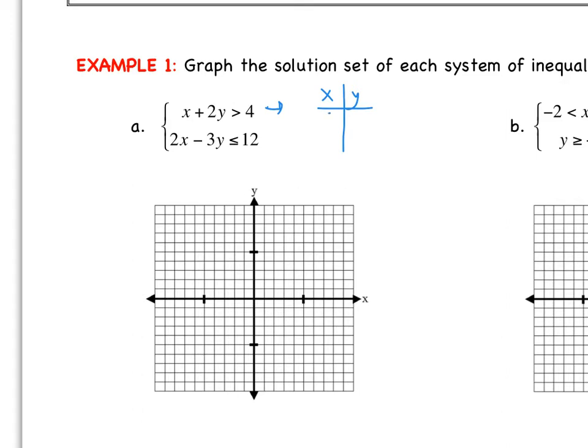So when x is 0, we get y to be 2. And when y is 0, we get x to be 4. All right, so one thing we need to remember is the dashed or solid boundary line. Okay, so in this case, since it's strictly greater than, we're going to be dashed. Okay, so we have the point 0, 2 and the point 4, 0. And we're going to graph a dashed line through these.